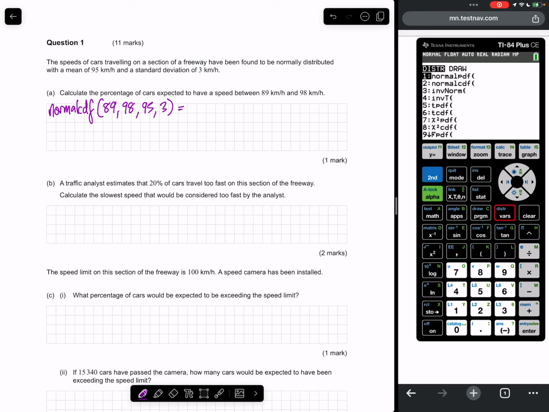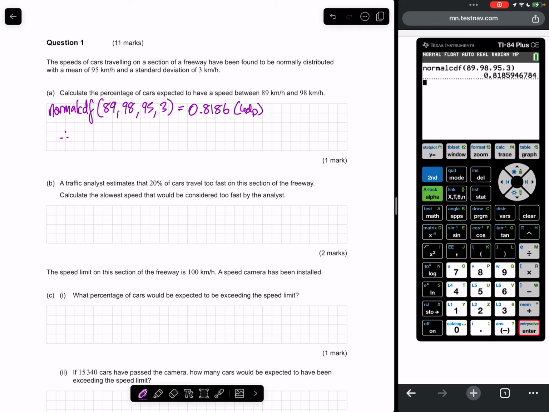Second vars, normal CDF, lower 89, upper 98, mean 95, 3, paste it, was 0.8186 to 4 dp.